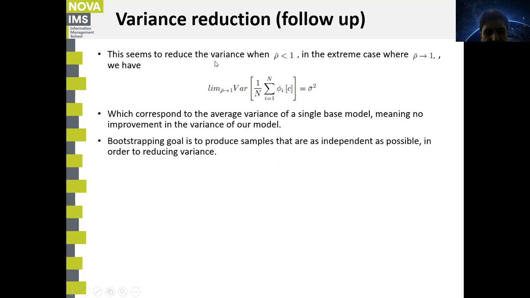This seems to reduce the variance when rho bar, which is the correlation coefficient, is inferior to 1. In the extreme case where rho bar is almost equal to 1, the variance of the bagged ensemble corresponds to a single base model, meaning there is no improvement in variance. Bootstrapping's goal is to produce samples that are as independent as possible in order to reduce the variance.